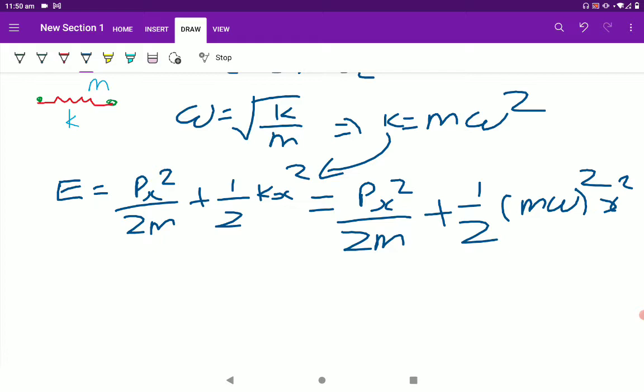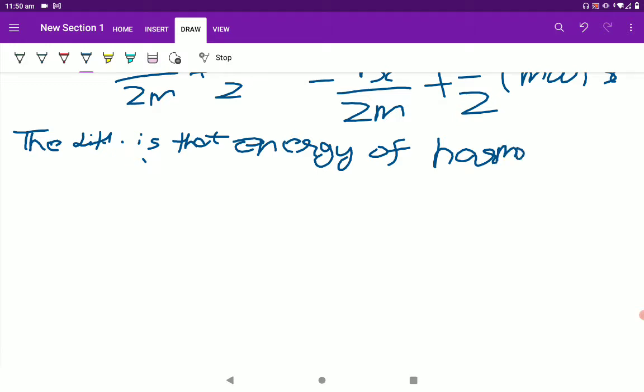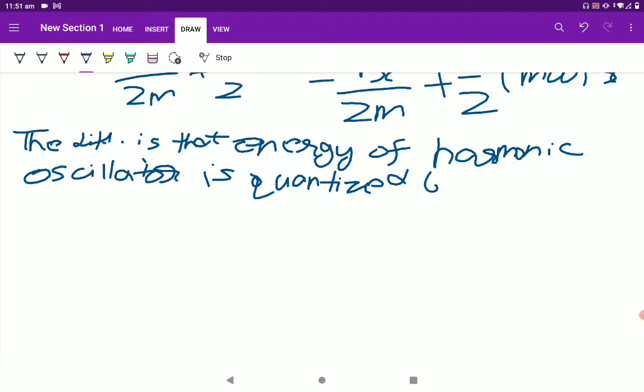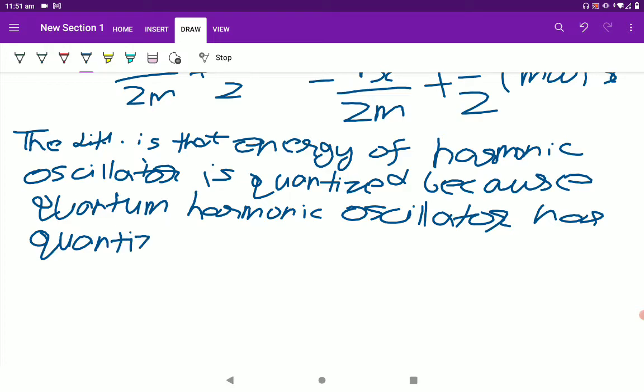So the main difference is that the energy of a harmonic oscillator is quantized, because a quantum harmonic oscillator has quantized energy.